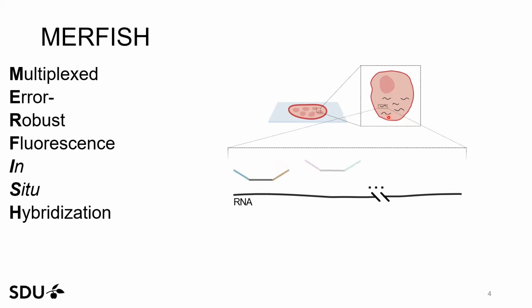So if you zoom in on a single RNA strand here, we hybridize the RNAs of interest with this encoding probe through this target sequence. And this target sequence is flanked by these readout sequences that allow us to sequentially label this RNA, so we can get the exact location of it in this sample.